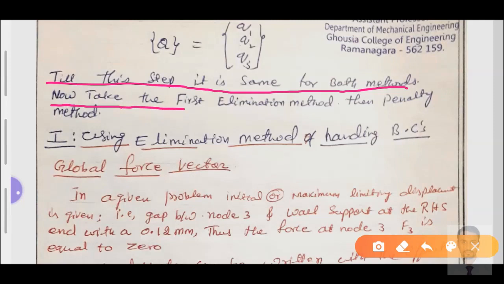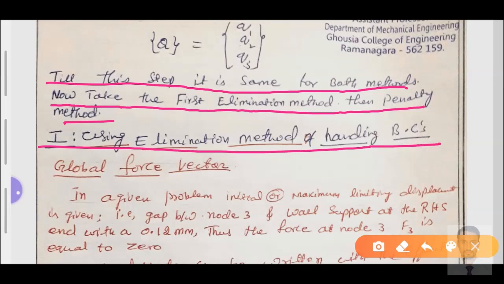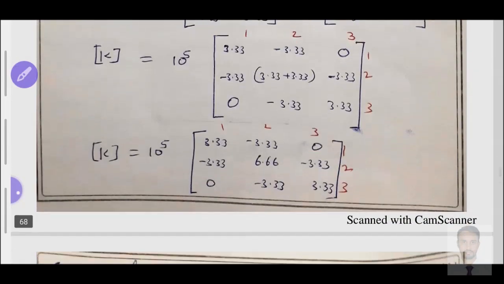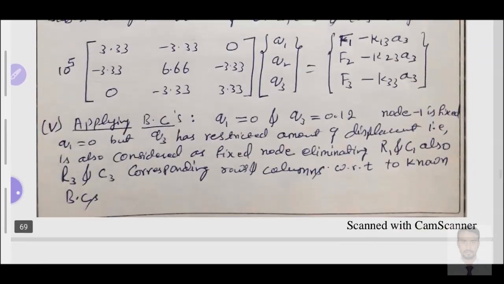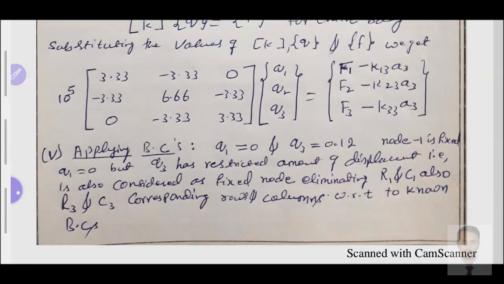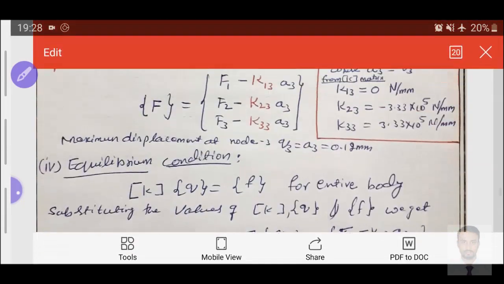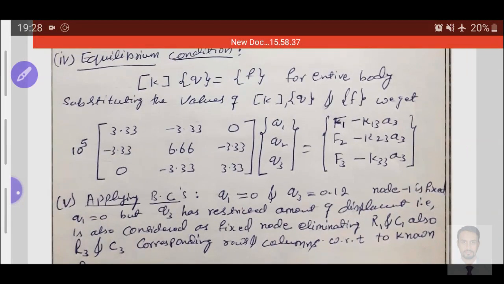Now take the elimination method first and then the penalty method. I'll use the elimination method for handling boundary conditions. After finding the elemental stiffness matrices we get the equilibrium equation. Before that, we first need the characteristics of the elimination method, then we apply the boundary condition.